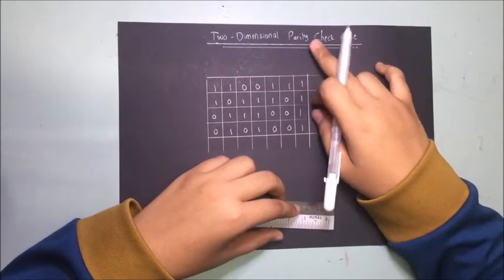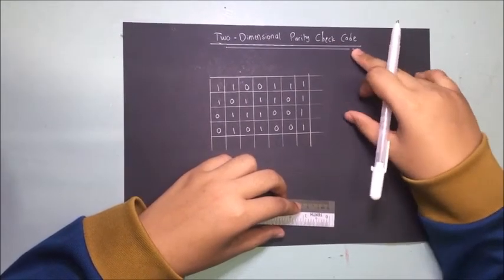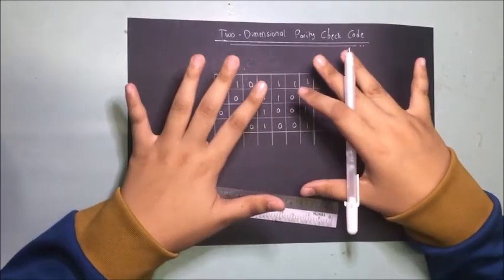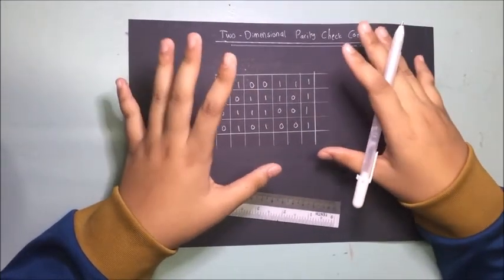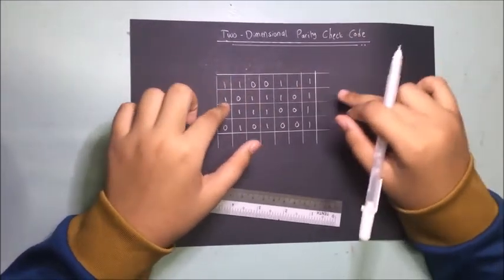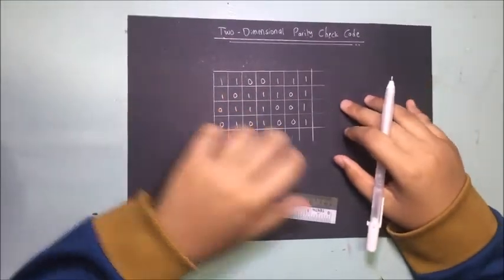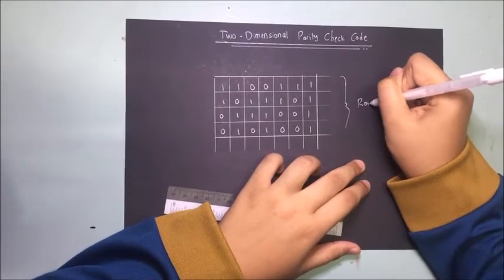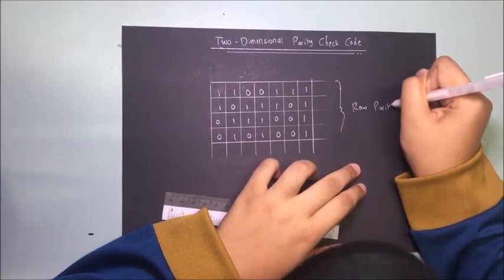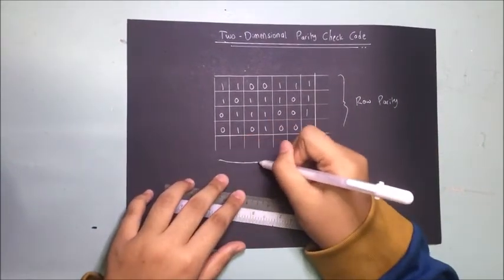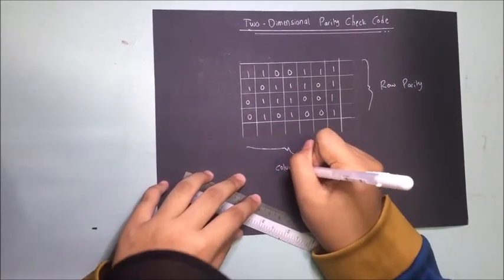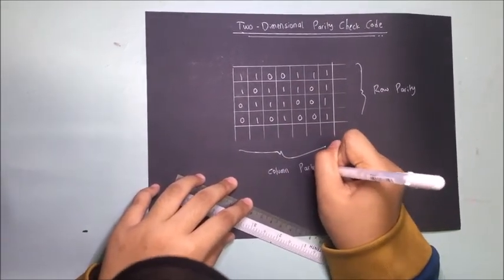Two-dimensional parity check code. For the two-dimensional parity check code, this one is one of the better approaches, because by using this method, the data will be more organized in a table, which consists of rows and columns. So basically, this is the row parity, and this is the column parity.